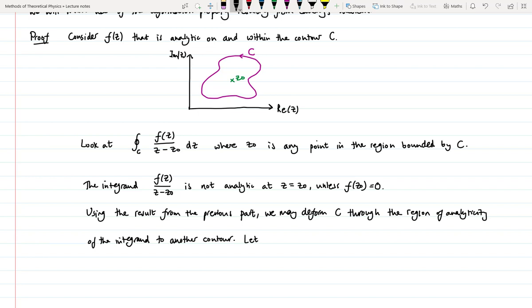Well, let's choose a new contour, C primed, which is a circle centered on z naught and with radius rho.